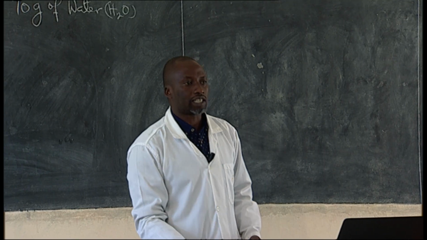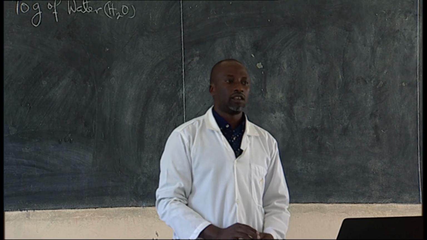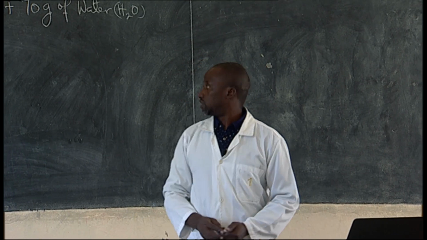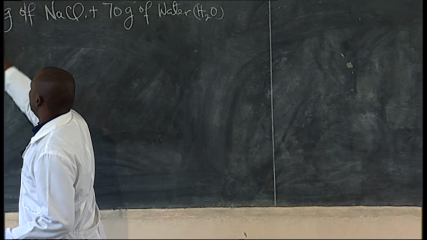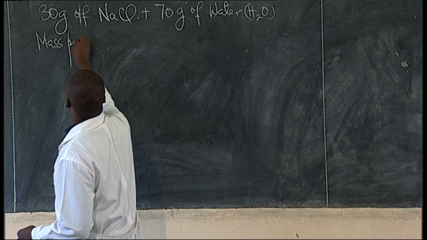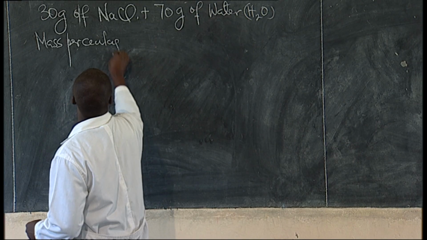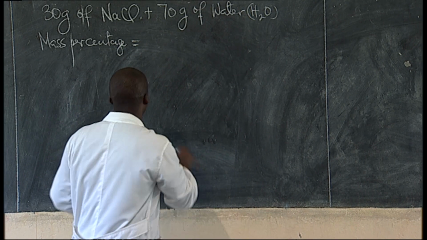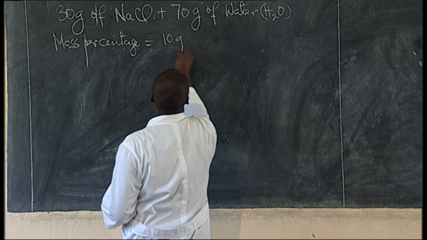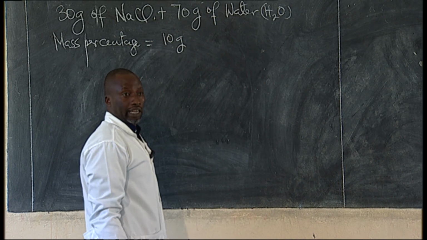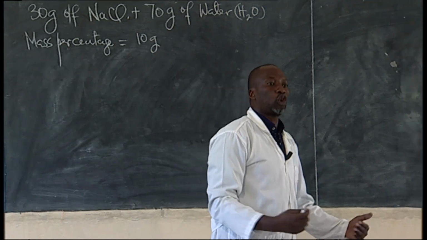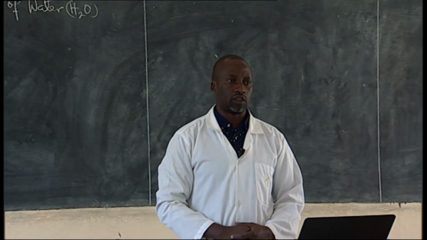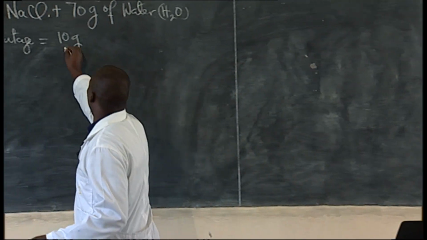So the mass percentage will be the mass of sodium chloride, which is 30 grams, divided by the total mass of the solution. What will be the total mass of the solution?